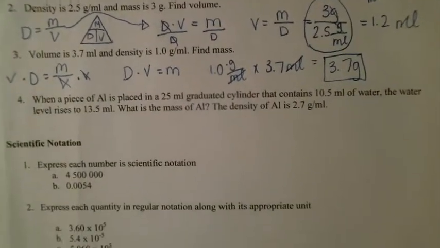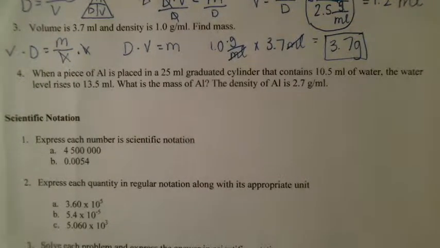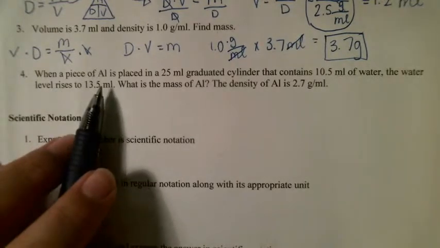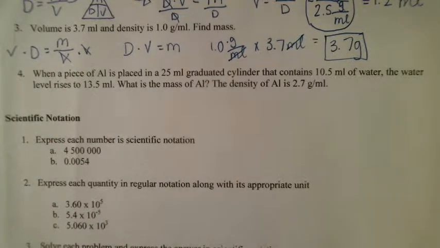Let's look at number 4, and then we'll move on to scientific notation. Number 4 states, when a piece of aluminum is placed in a 25 milliliter graduated cylinder that contains 10.5 milliliters of water, the water level rises to 13.5 milliliters. What is the mass of aluminum? The density of aluminum is 2.7 grams per milliliter. Okay, well, so they give us the density, we need the mass, we don't have the volume directly, but we can calculate it.